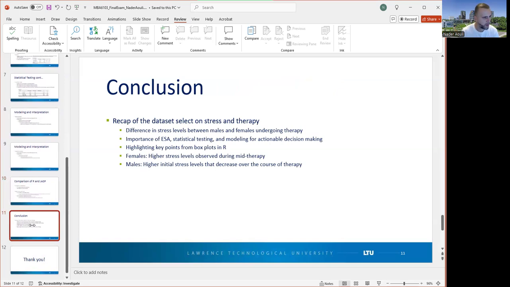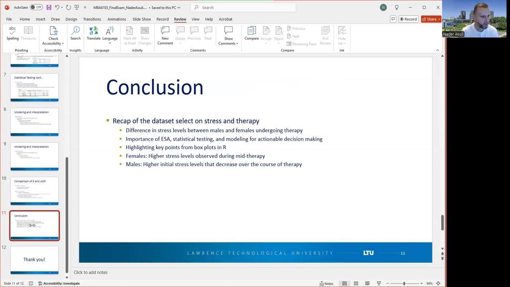In conclusion, as we recap the data set selected on stress and therapy, there is a difference in stress levels between males and females undergoing therapy. The importance of the EDA is that it gives us the statistical testing and modeling for actionable decision making.